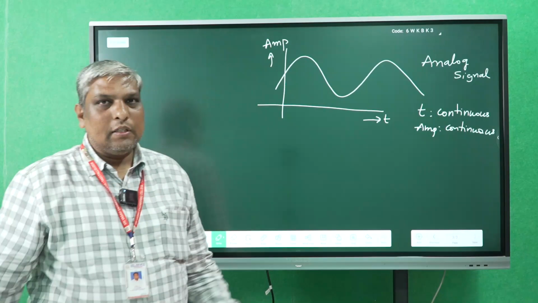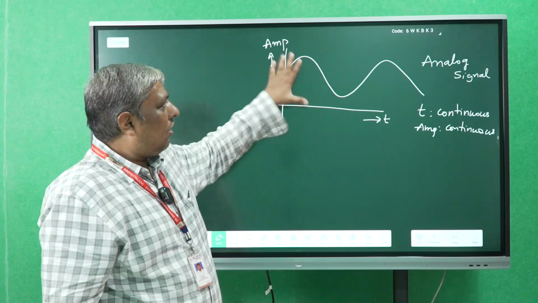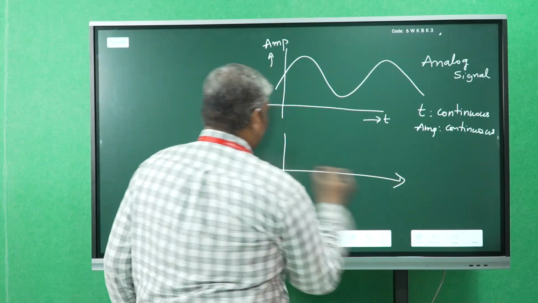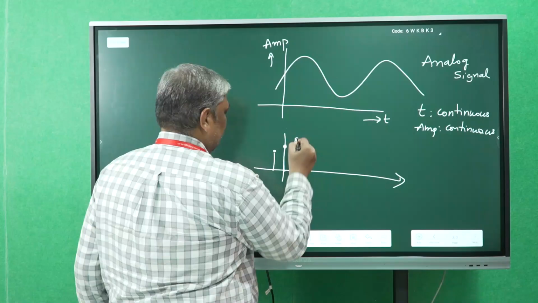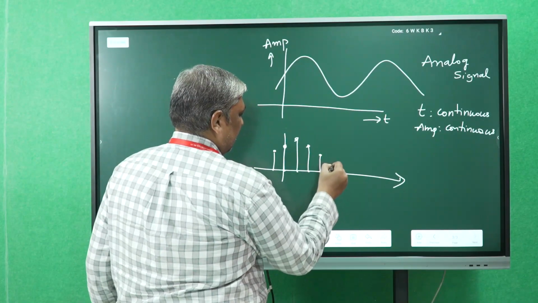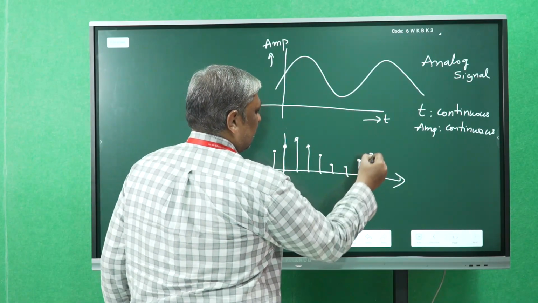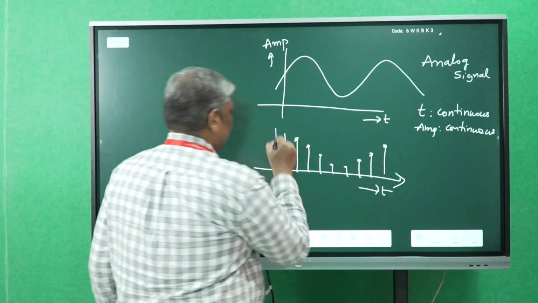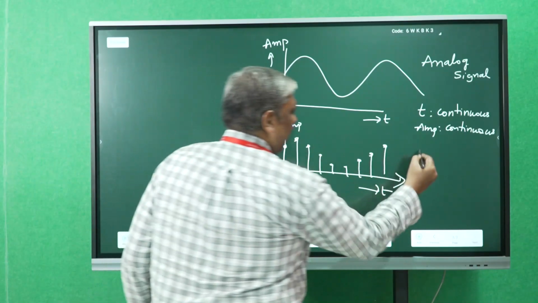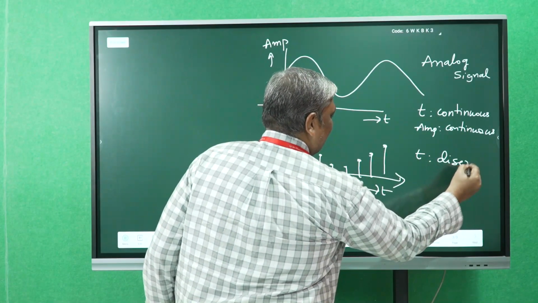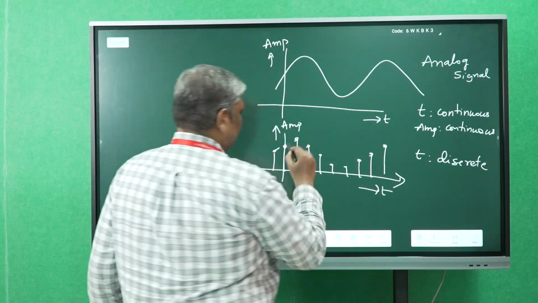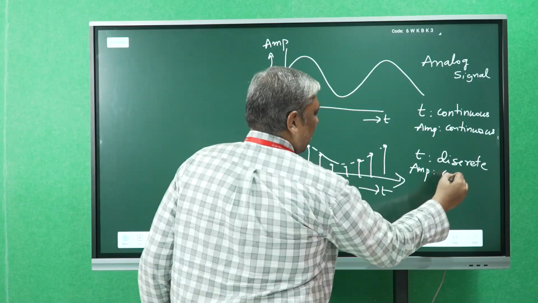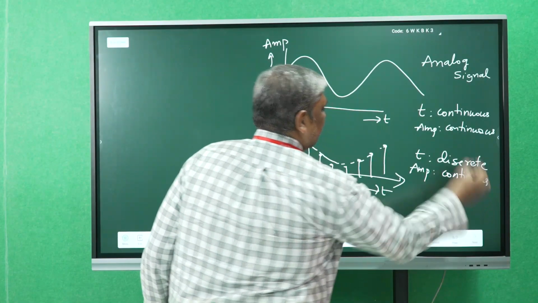Now I am performing the discretization operation on this continuous analog signal. Getting it in this way, here the time axis is discrete, but the amplitude axis is still continuous.